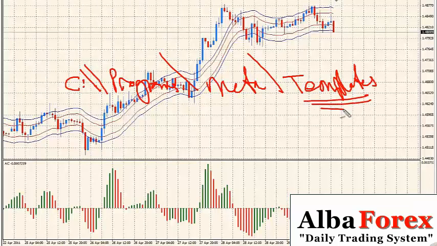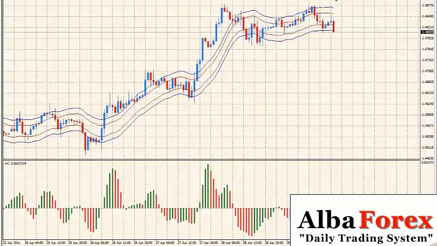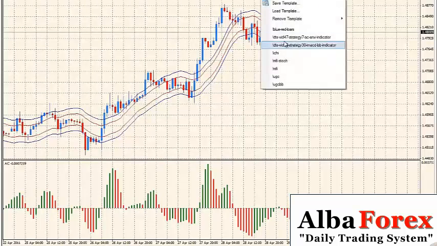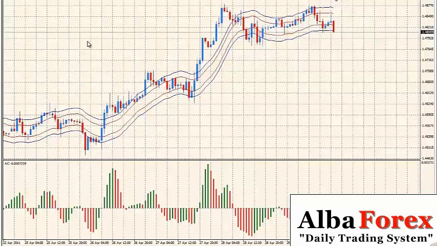That's where you want to place the template that I'm going to give you. You don't need to restart your trading station, not like with Forex robots. Once you've put in the template, just choose that.